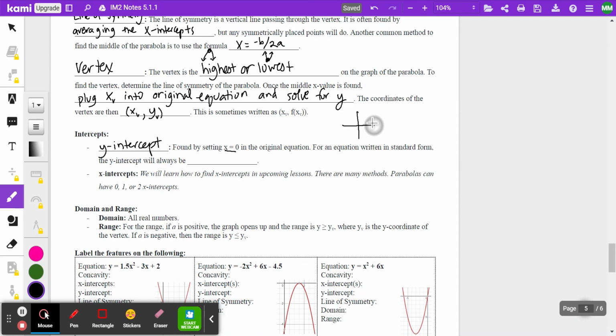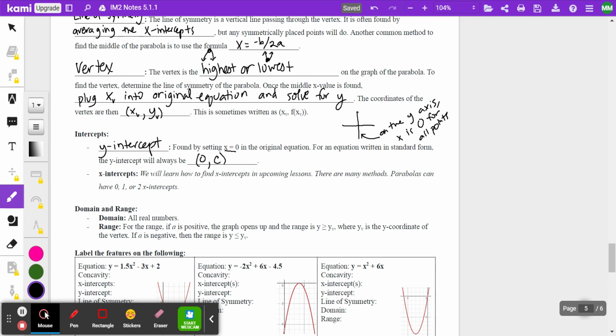That's because when I'm on the y-axis, x is 0 for all points. And for an equation in standard form, the intercept is always just going to be that c value. So it would be x is 0 and y is c.